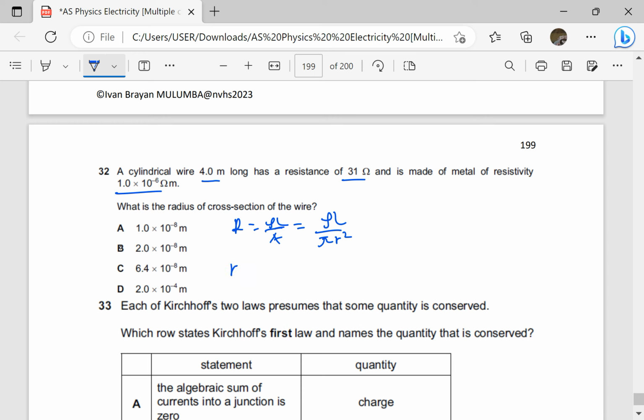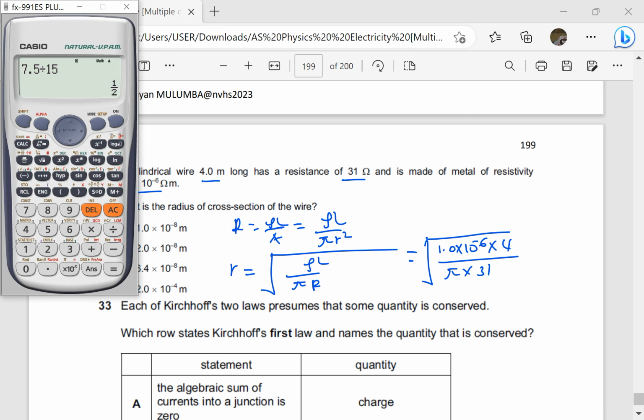So you notice that r will be the square root of rho L over pi times capital R. So this will be the square root of rho, which is 1.0 times 10 power negative 6, the length is 4 meters, over pi times the resistance, which is 31.